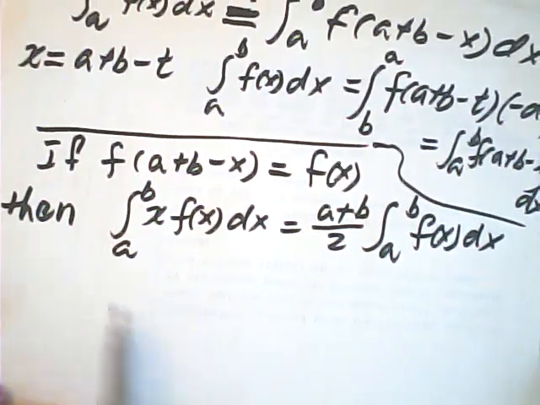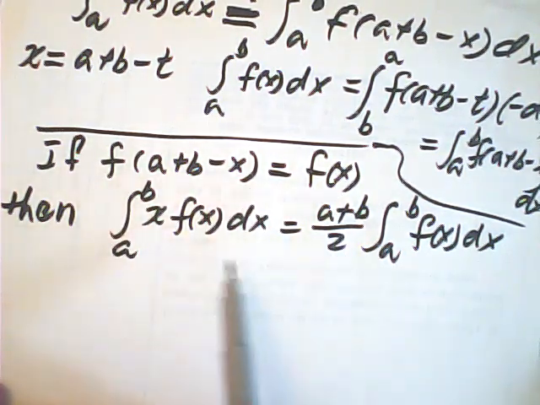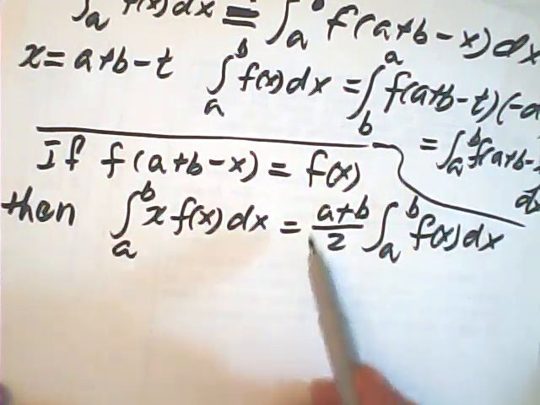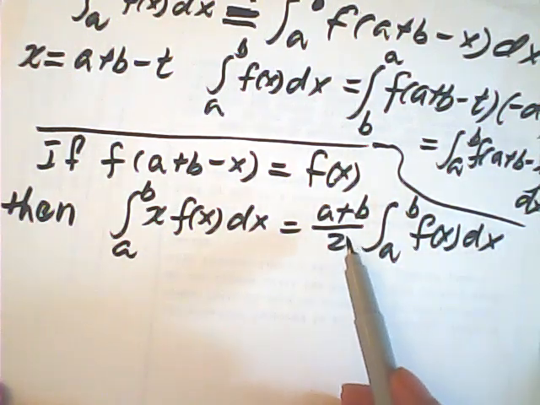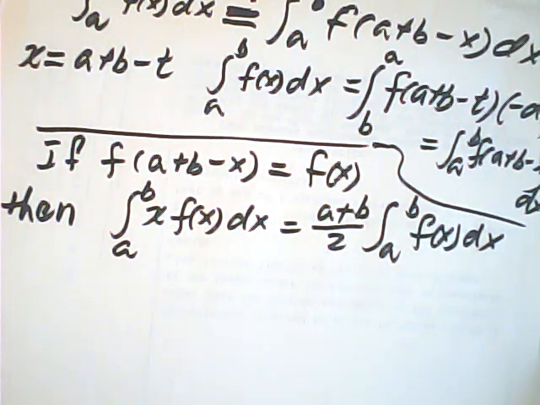That is the property. When f of x is equal to this, then the integral will be equal to half of a plus b times the integral of f of x dx.